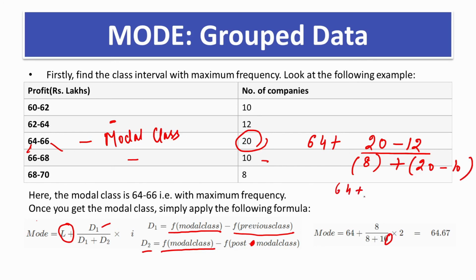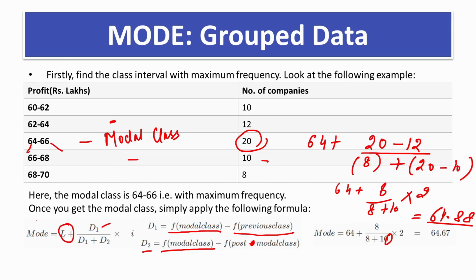So 64 plus 8 by (8 plus 10) into the interval. The interval is 66 minus 64, that is 2. The calculation gives 64.88. So this is the mode value for the grouped data.